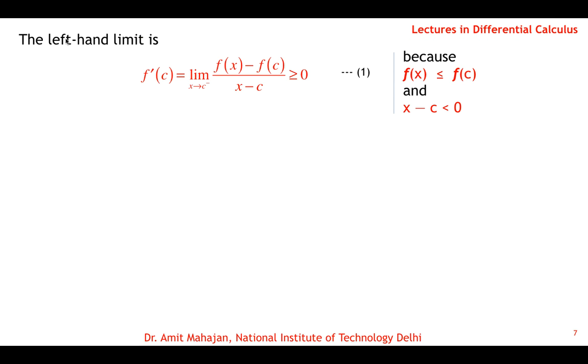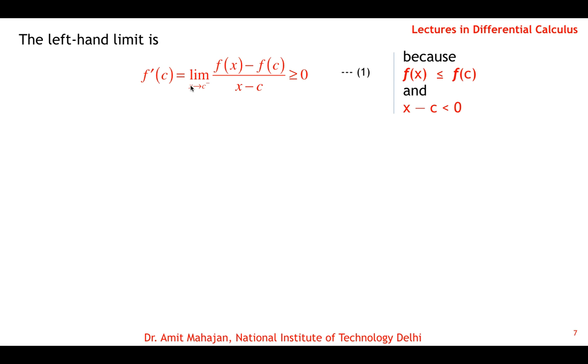Okay, so first we take the left hand limit. Okay, and because the function value at c, its point of maxima, is greater than or equal to f of x. Okay, and for the left hand limit x minus c is less than 0, because x approaches c from the negative side. Okay, so that means x values are smaller than c.